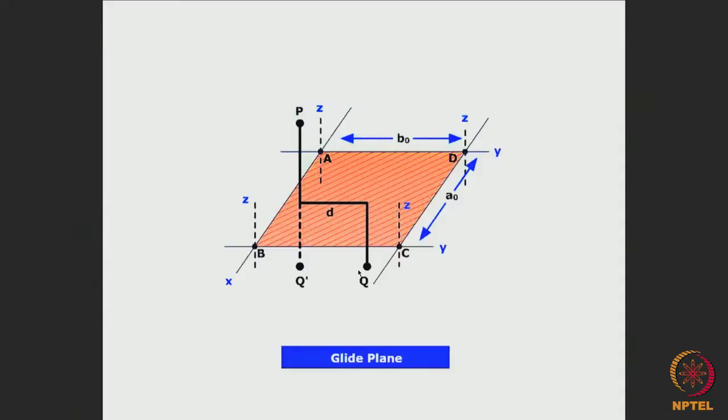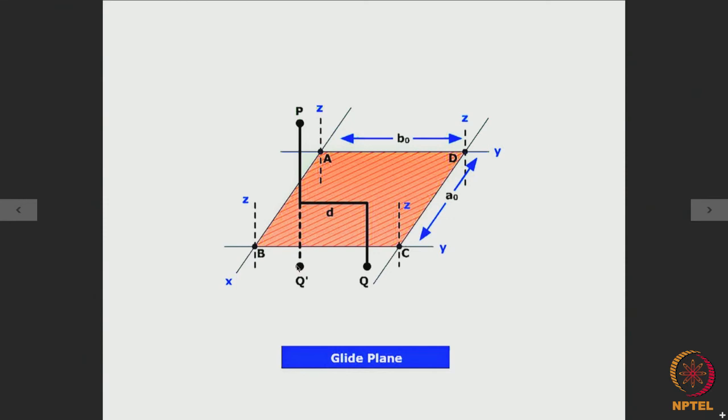So, here I am showing a glide plane, so to say. Suppose this is a glide plane in a crystal. These are the lattice points B, C, D, A, these are the lattice points. So, if it were a simple mirror, if the hatched plane were a simple mirror, then the point P would have produced a second point Q dashed over here.